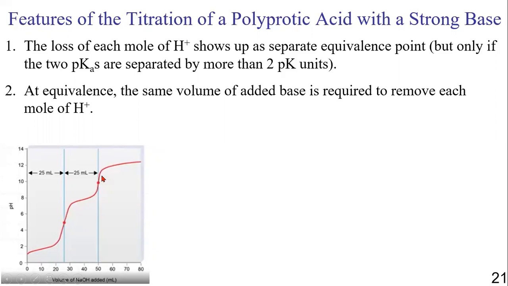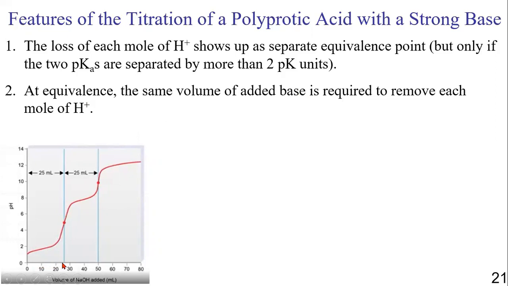But with Ka1, Ka2 for a diprotic acid, you can see sharp enough curves here on the equivalence to distinguish that it's a diprotic. Also, at the equivalence, the same volume of added base is required to remove each proton from this diacid.